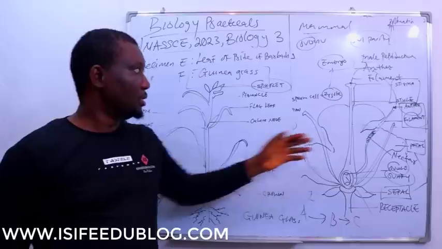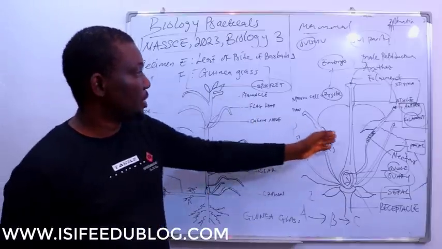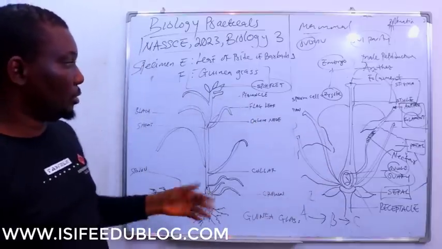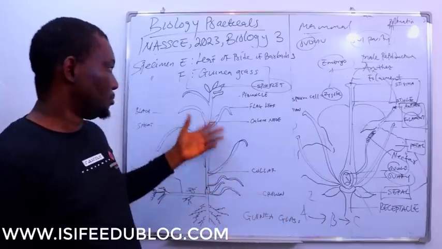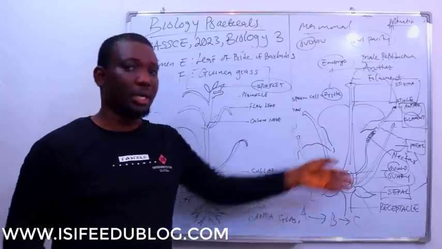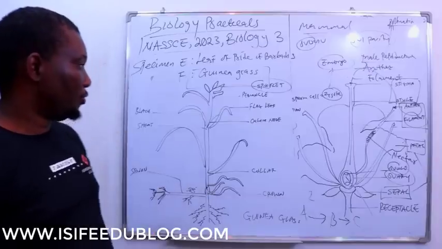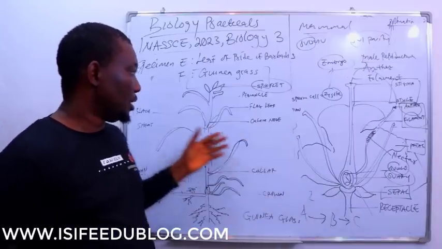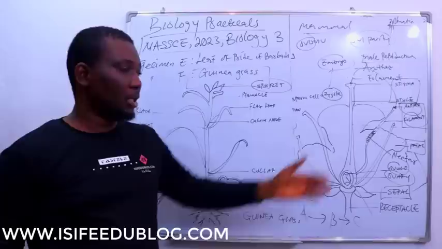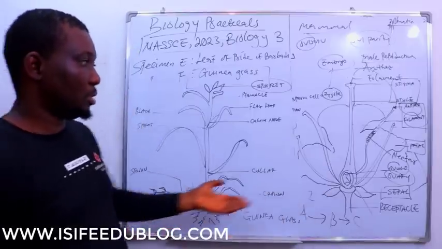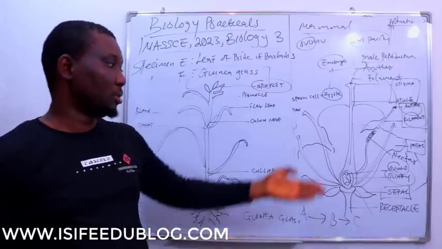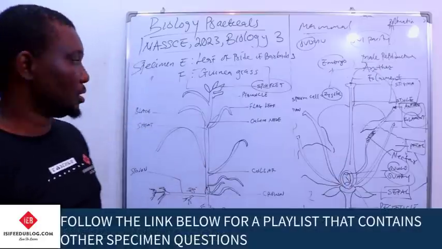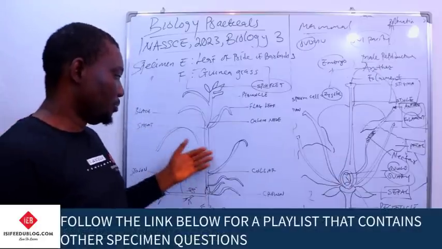You can compare this specimen with this specimen in terms of color. This one is green, the color is not as bright as Pride of Barbados in terms of comparison. Now look at some of the things that you can see here and you don't see here. This is not edible for most grazing animals, but this is very, very important.